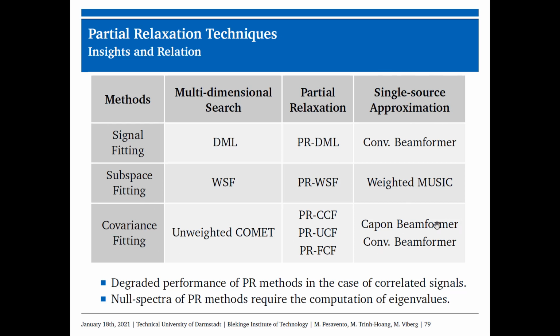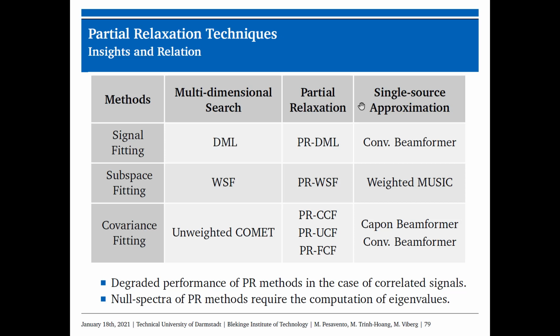In the middle column, we have the novel partial relaxation framework, where in each candidate direction we consider multiple sources in our cost function, similarly to the multi-dimensional search methods. However, the difference is that to make the problem tractable, we relax the structure of the interfering sources, and the DOAs are estimated similarly to the single source approximation methods.